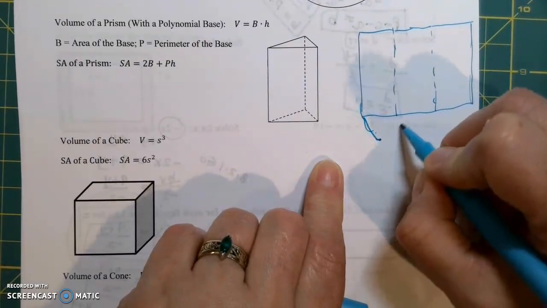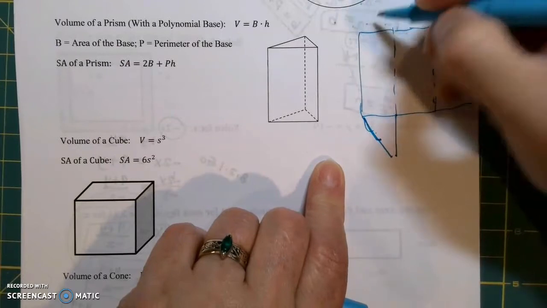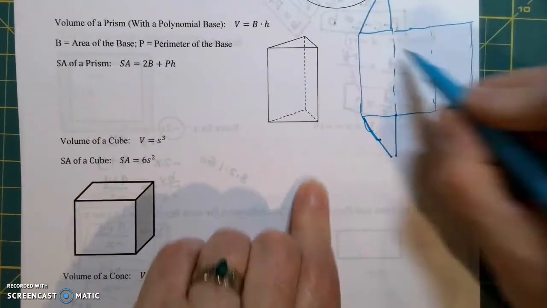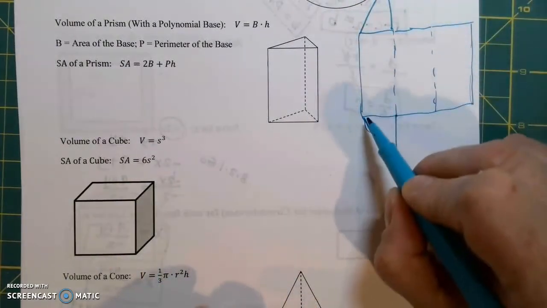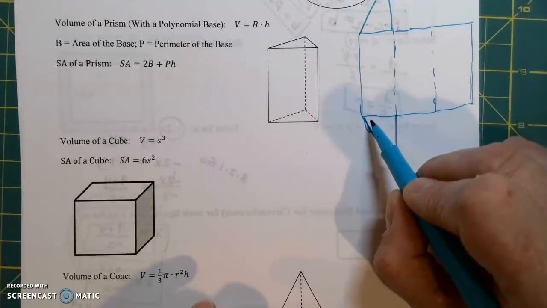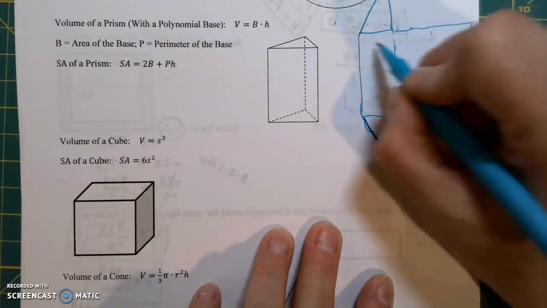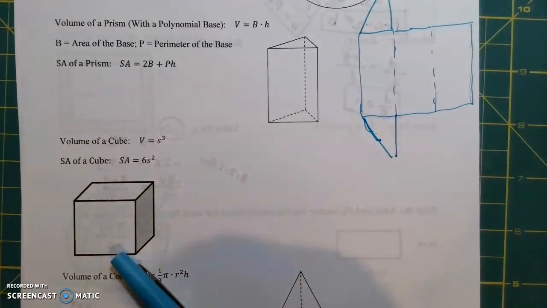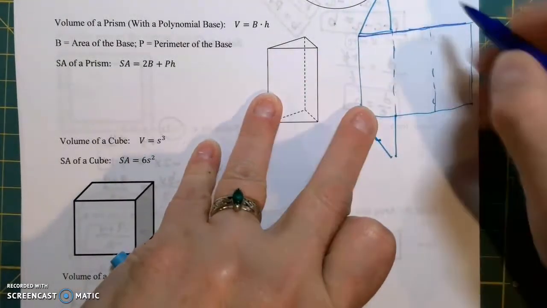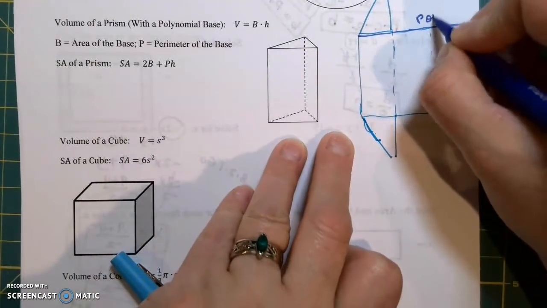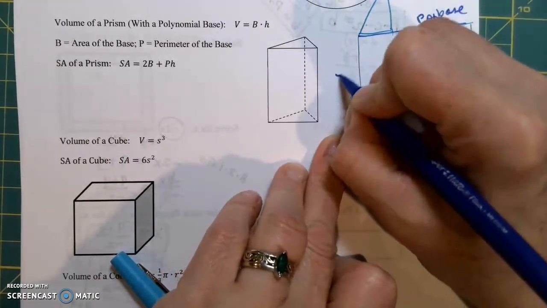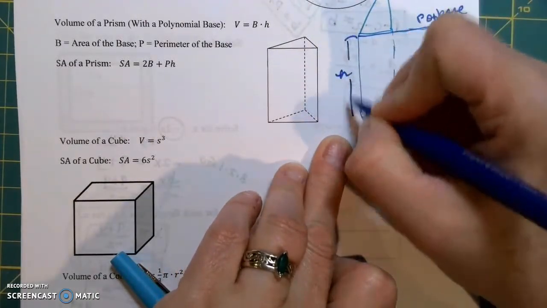So it would be something like that. So you're just figuring out the area of that big rectangle where the perimeter of the base is that unit. And then this one would be your height.